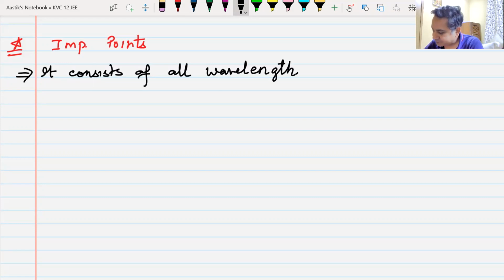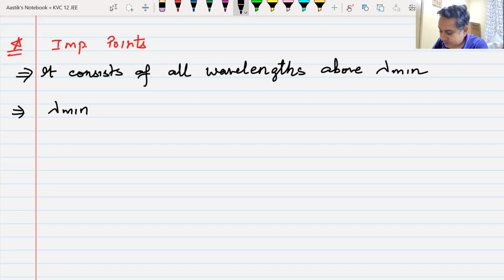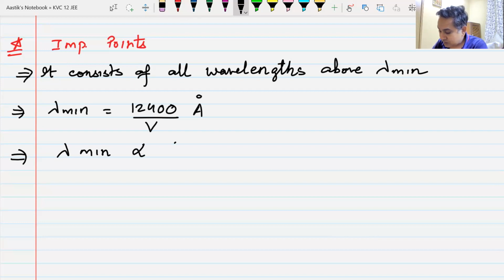This spectrum consists of all wavelengths above lambda min. And how do I get the value of this lambda min? This lambda min is 12,400 divided by V in Angstrom unit. So this lambda min is inversely proportional to the voltage.